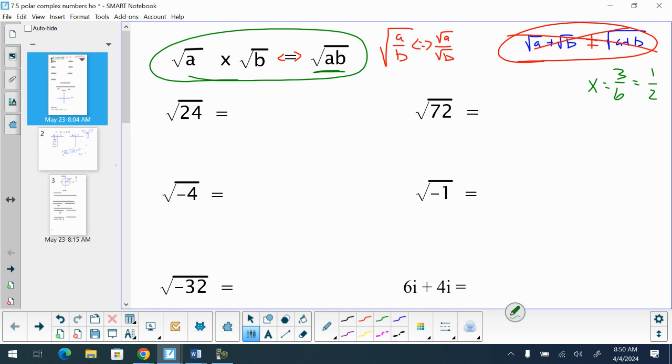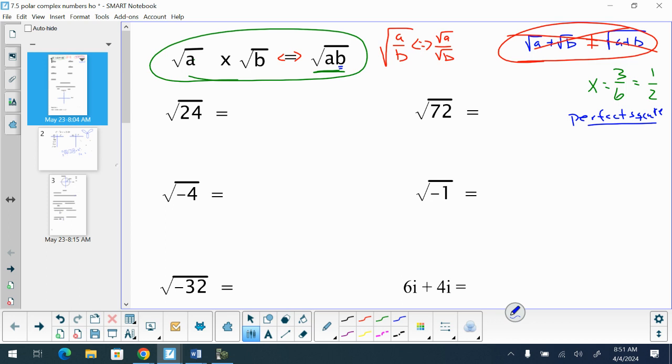But we want one of those factors up there to be a perfect square. Because if I take the square root of a perfect square, I should get a whole number.